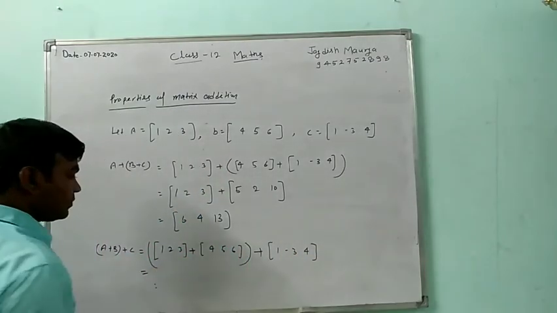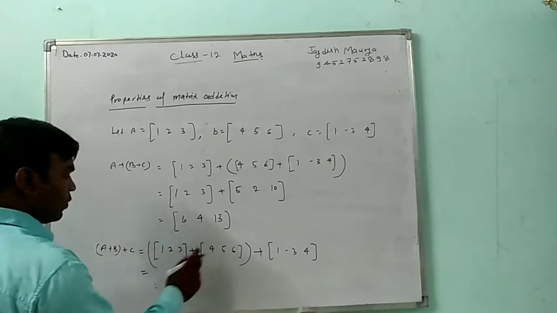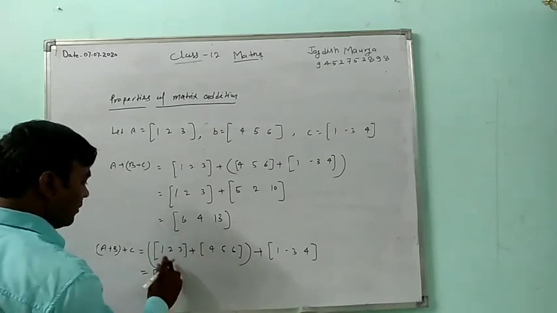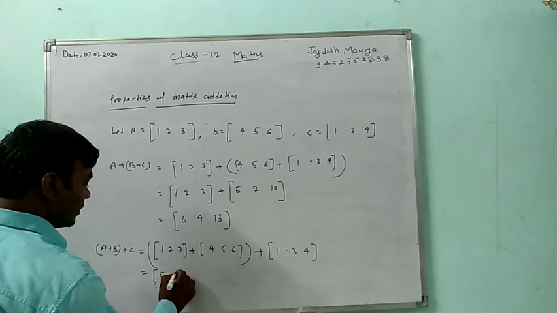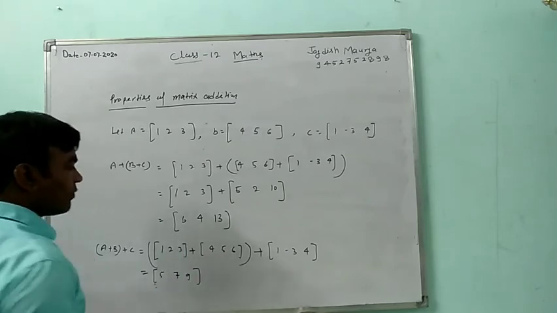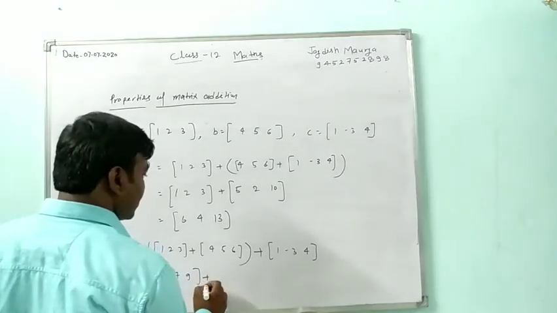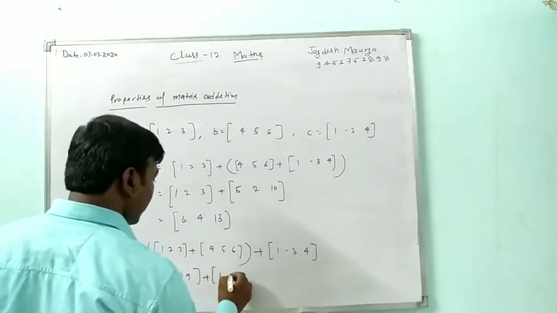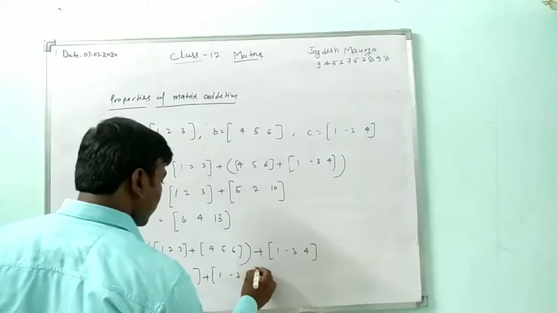This will come 1 plus 4, 5, 2 plus 5, 7, 3 plus 6, 9 plus 1 minus 3, 4.